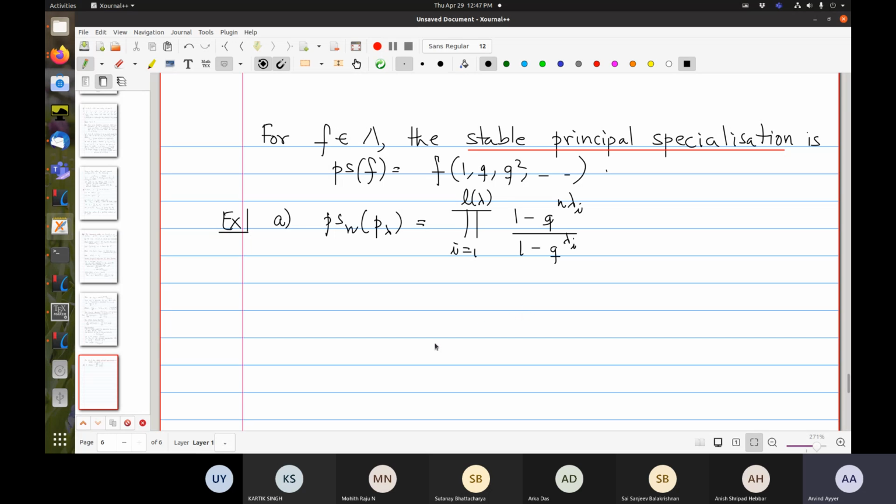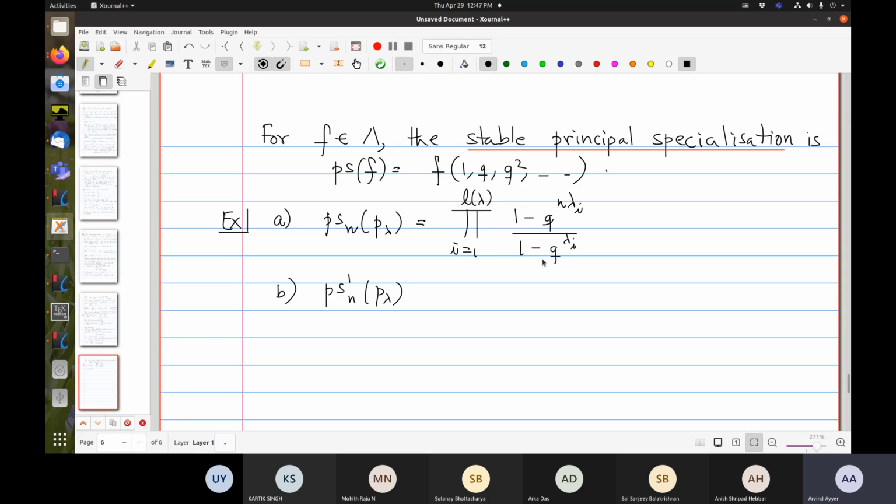And ps1 of n of p lambda: now you just set q to be 1, and you have to take the limit, of course. If you take the limit, you get n lambda i divided by lambda i.